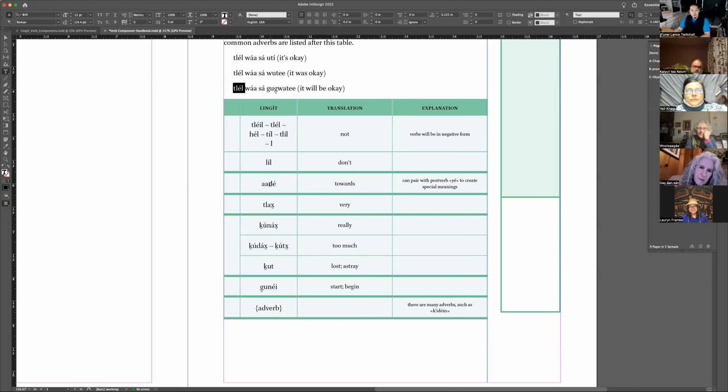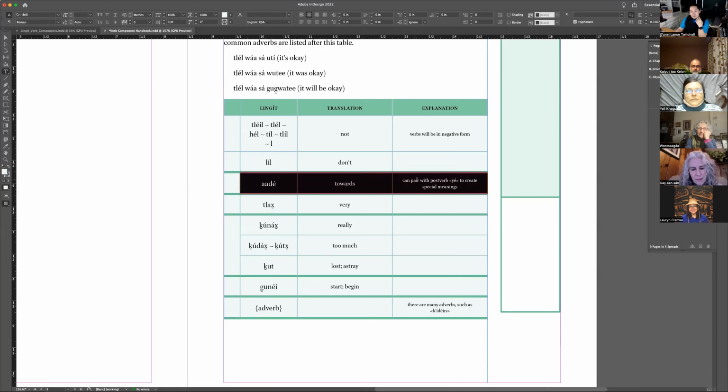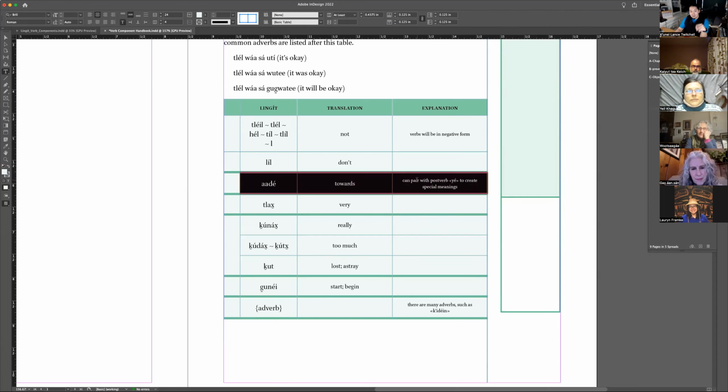So ade is towards. And then, but sometimes when I'm doing this work, I'm like, well, do I try and put all the things? Because you could have adach and you can have anach, and there's a whole bunch of things that have to do with motion and stuff. But I'm just listing ade because it's very common, and it also can do some of these ade verbiye things, which I'll get to.